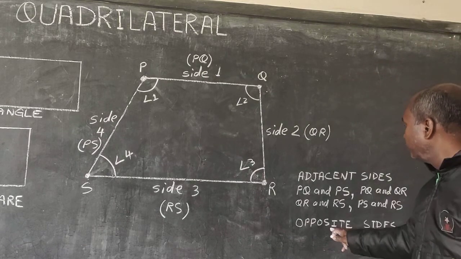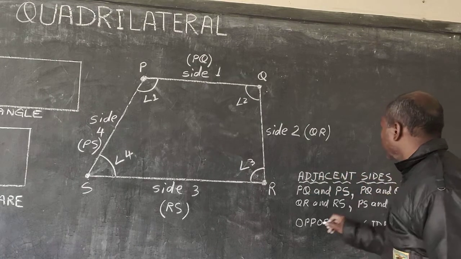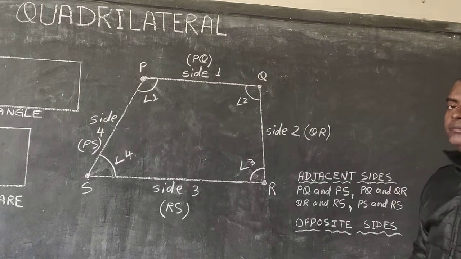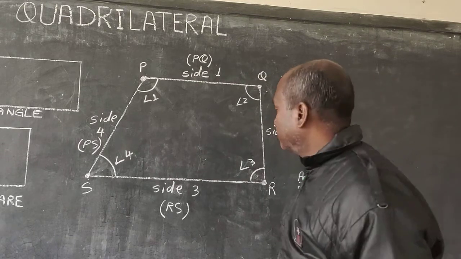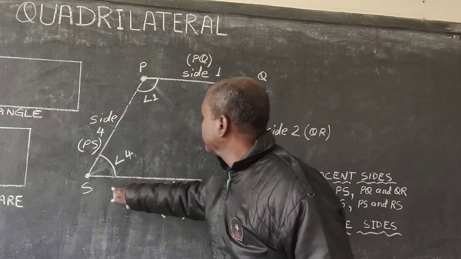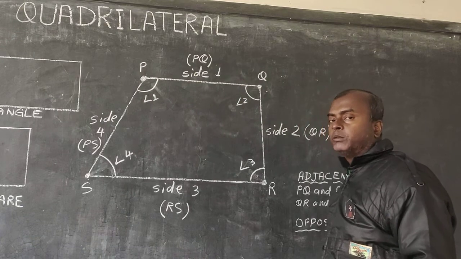Now let us see which are opposite sides. Okay, adjacent we have discussed. Now we will discuss which are opposite sides. Very easy to understand opposite sides. These two sides, that is RS and PQ, they are opposite to each other. Why?